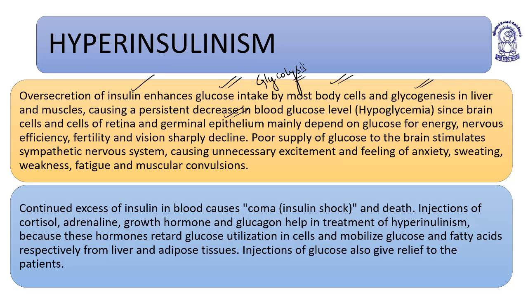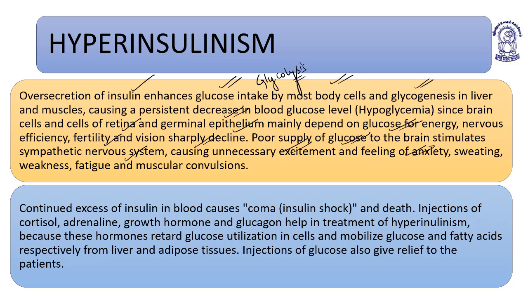Since brain cells and cells of retina and germinal epithelium depend upon glucose for energy, nervous system efficiency, fertility, and vision sharply decline. Poor supply of glucose to the brain stimulates the sympathetic nervous system, causing unnecessary excitement, feeling of anxiety, sweating, weakness, fatigue, and muscular convulsions.